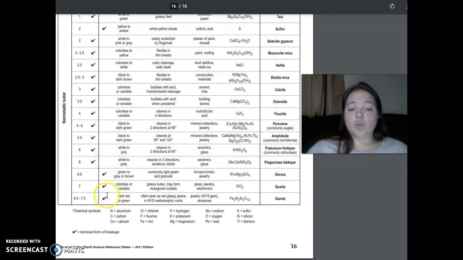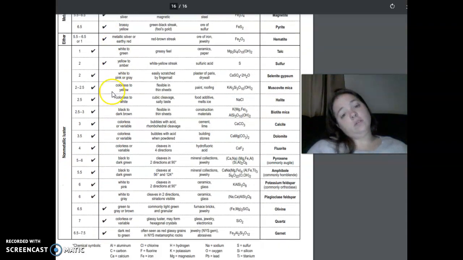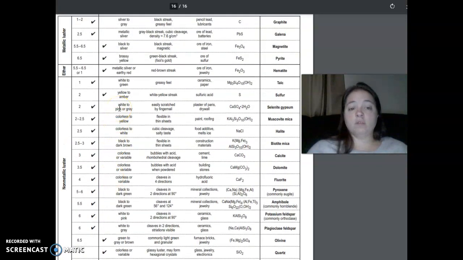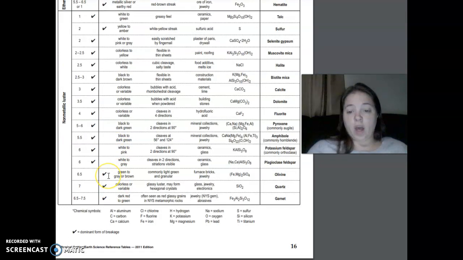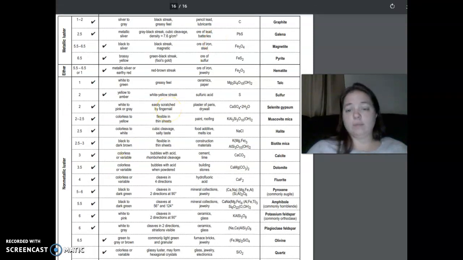There are only 7 out of the 21 that fracture. Sulfur and olivine are the only 2 in your group of 10 that I would like you to know that fracture. Everything else cleaves. One thing to note is right here in biotite, they cleave into flexible, thin sheets.